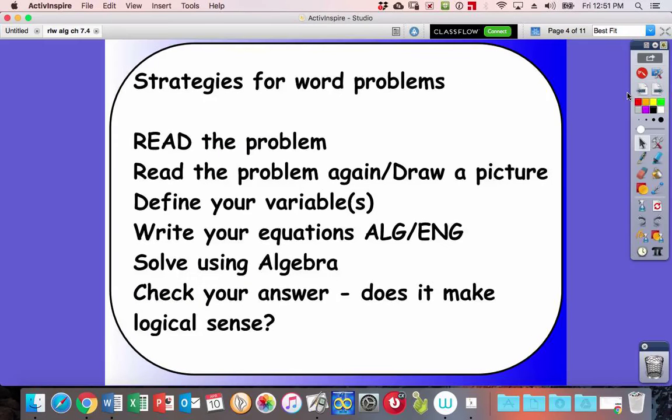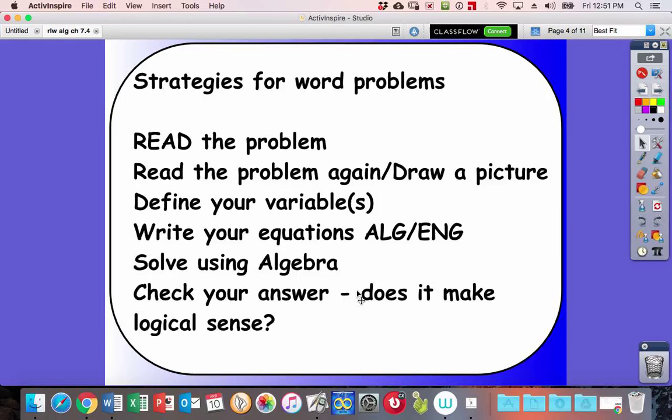There we go. Now remember, when we do a word problem, you want to read the problem. In fact, you're in luck now that you're at home, you can read it out loud. That helps a lot. When you read the problem, see if you can draw a picture. If you can't figure out what they're talking about, draw a little picture that might help you. Make sure you define your variables. You can start by writing it half in algebra, half in English, and then you want to write your equations in algebra.